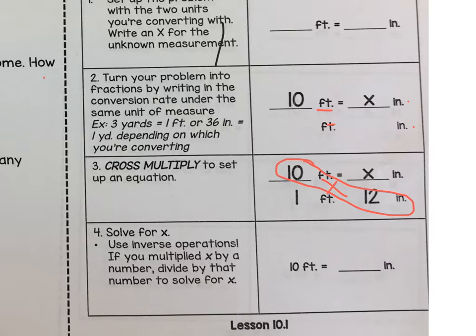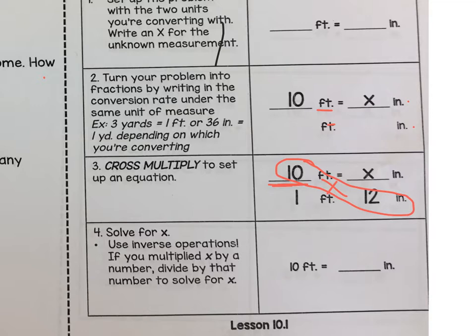Okay, so I'm going to cross them, because if I had divided, we know that this line right here is a fraction bar, but if I had said 10 divided by 1, would that have changed anything? No, that would not have helped me one bit, right? It would not have changed anything. So I know that I've got to reach across.